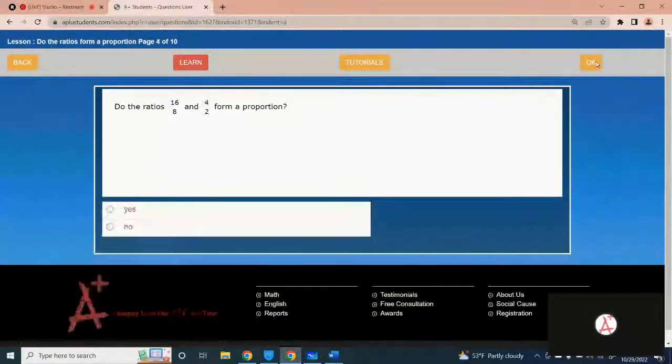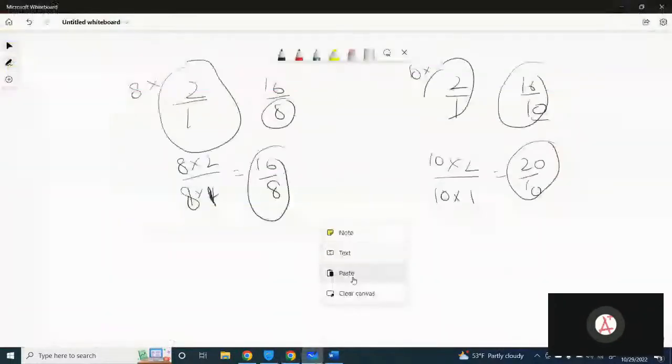The next one is 16 over 8 and 4 over 2. Okay, so we use 8 as a common denominator and make the smaller denominator equal to the greater one. 2 times what number is 8? 2 times 4 is 8.